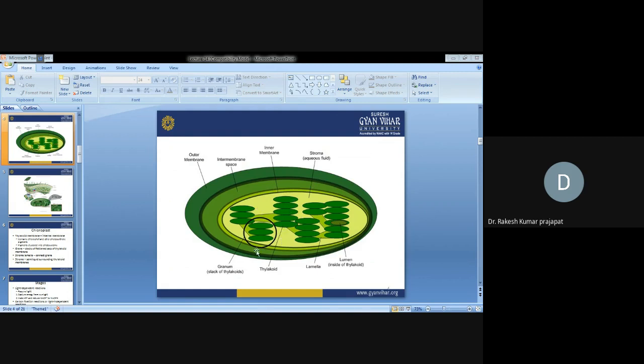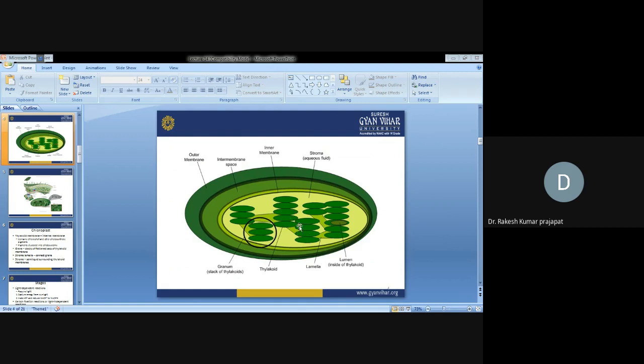And you can see the grana, individual stacks. A stack of grana is known as a granum. This grana is arranged just like stacking of coins, one coin kept on top of another.